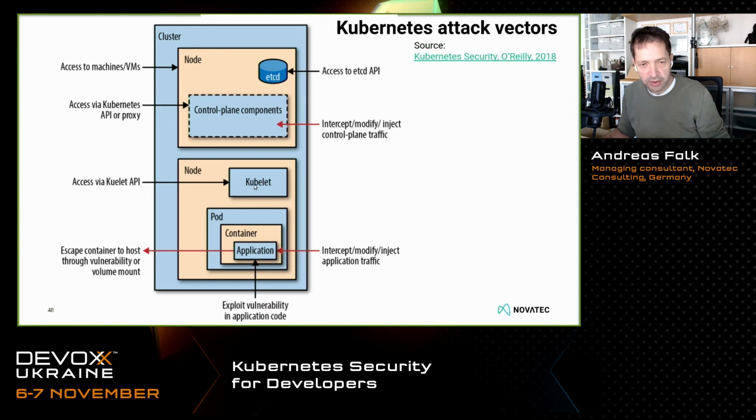An attacker could try to communicate directly with that kubelet without going via the Kubernetes API, or use container escaping to get access to your node directly, to the host, and then do strange things on your node, like putting another Docker container directly on the node, doing Bitcoin mining.